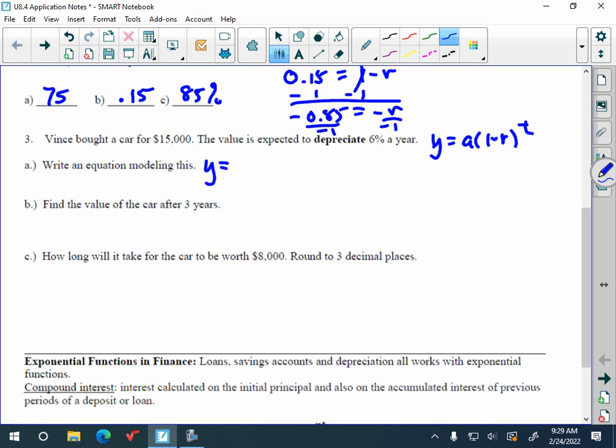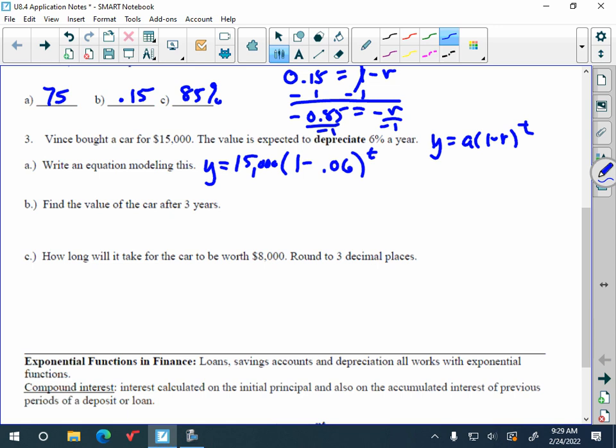So we start with 15,000 times 1 minus r. R is going to be 0.06, as a decimal, to the t power. Now, if you want to simplify that, you can inside the parentheses. That's fine. Or you can leave it like that if the question just says write the equation.